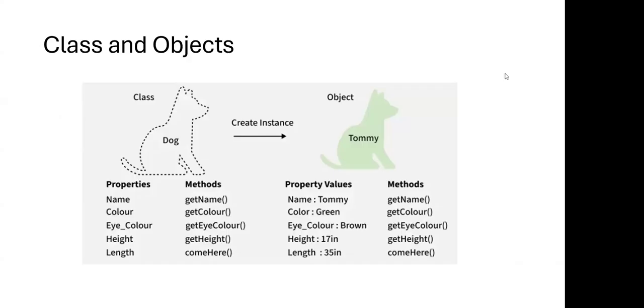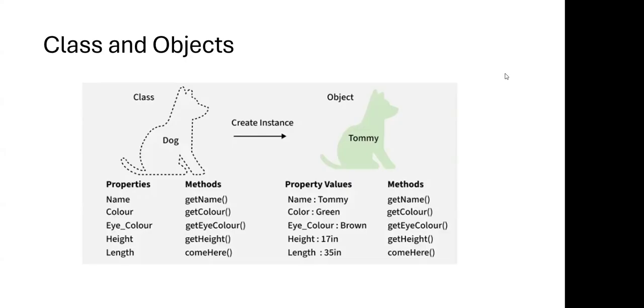And for eye color, well, maybe eye color is not common in dogs, but it's fine, we keep it. And for dogs, we can have some other properties like height and length, because some are big dogs and some are small dogs.